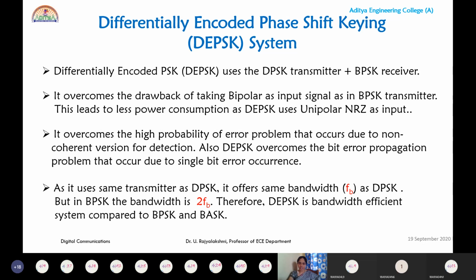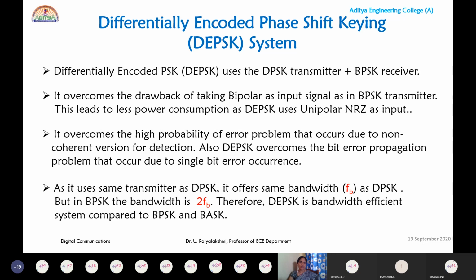As we move on to the upgraded versions of PSK, like 4-ary PSK, 8-ary PSK, 16-ary PSK, and M-ary PSK, that is 2 power N-ary PSK, our bandwidth gradually decreases upon transmitting multiple bits via the channel. That is the main advantage of the differential encoder used in the DPSK transmitter.